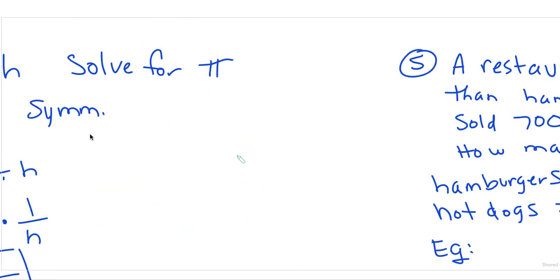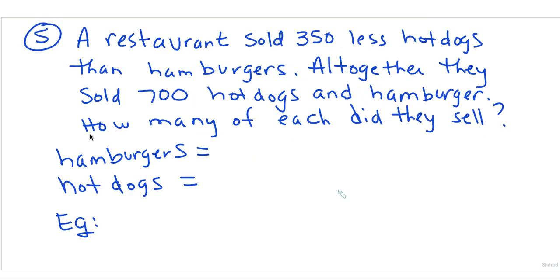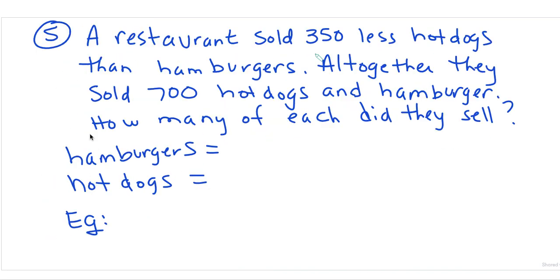All right? We have a restaurant that sold 350 less hot dogs than hamburgers. So the first thing that we're going to do is draw our line, because this is where we have to stop when we're trying to determine our variables.